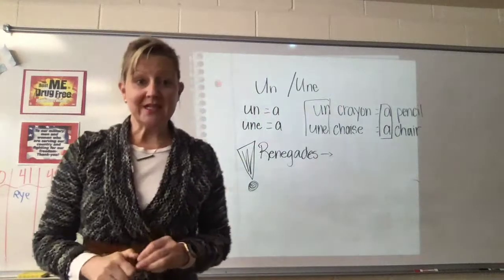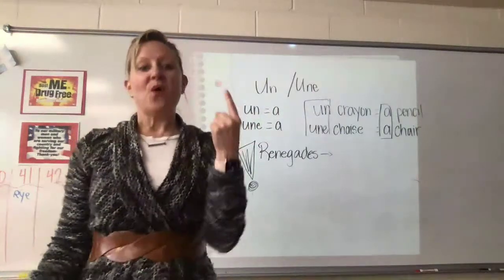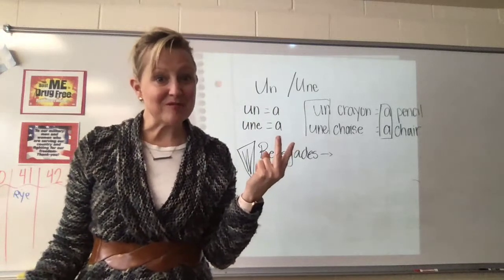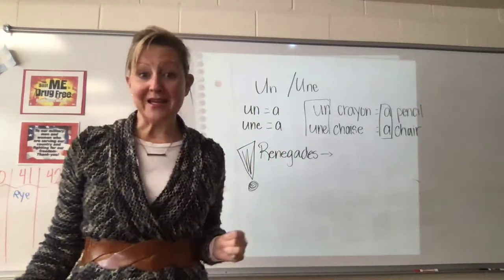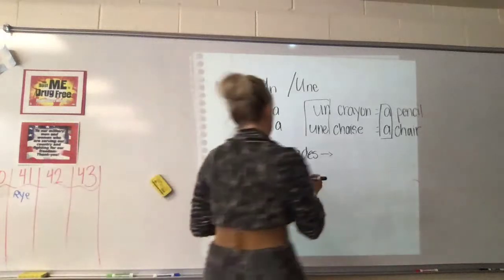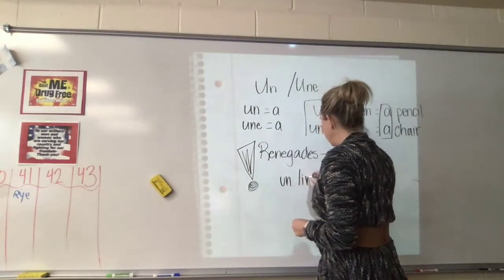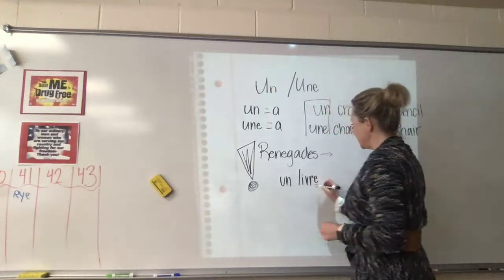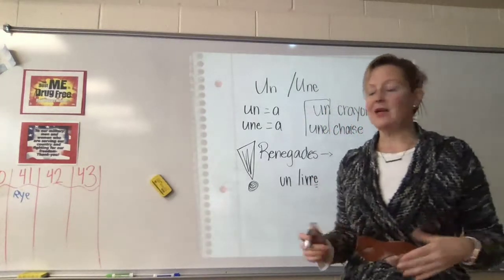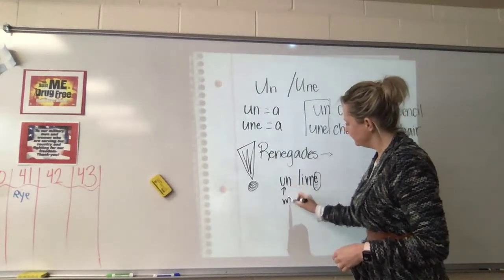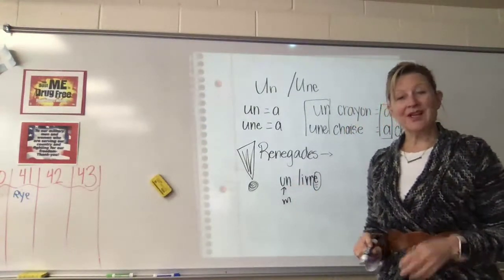The rule is if a word ends in E or ION, it's féminin. Well, just look at our vocab list. There's already 3 renegades. Oui? So for example, un livre. Look at this. It ends in an E, but it is masculin. Not cool. There's 2 more.